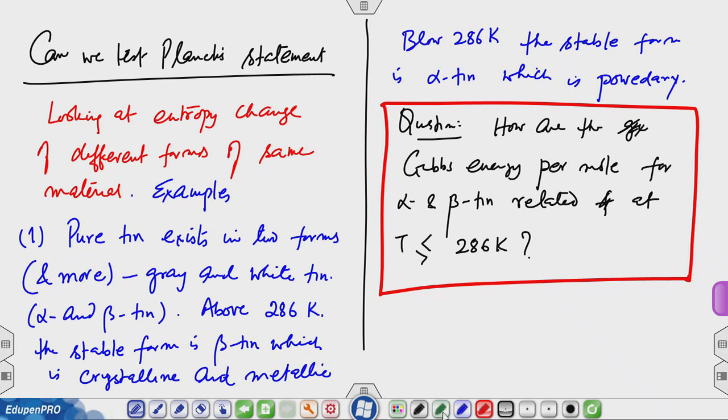Second example is that of sulfur. It also has many different forms.